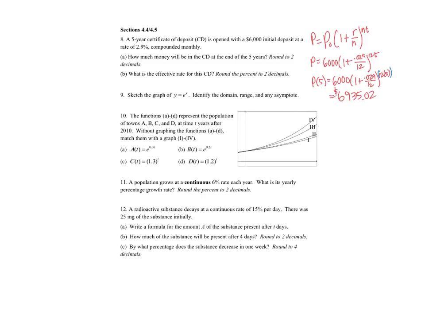So that's part A. Part B says, what is the effective rate? And so the meaning of that is it says that it's 2.9% compounded monthly. So the question is, what is the actual yearly rate? So it should be something close to 2.9%, but slightly larger.